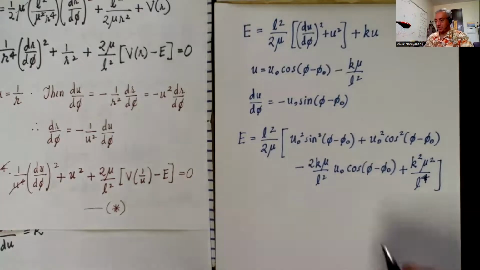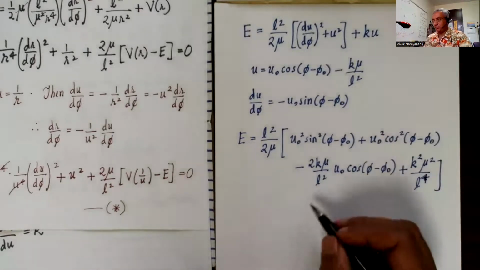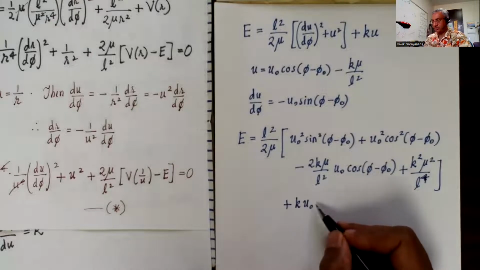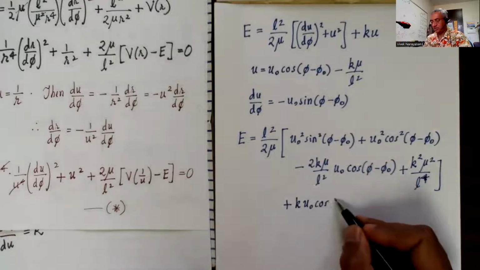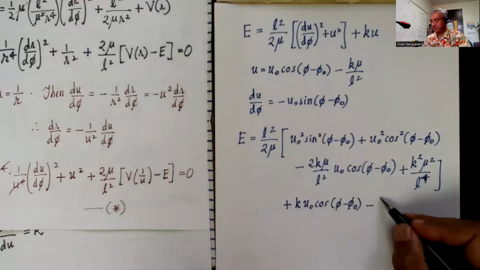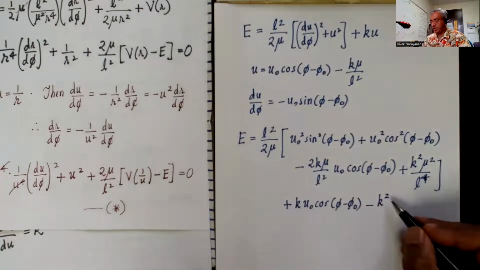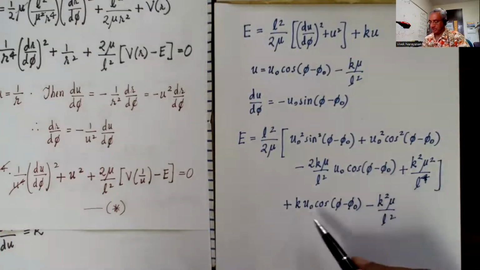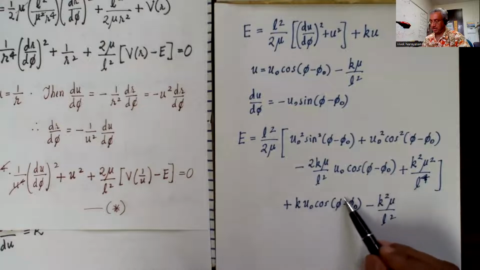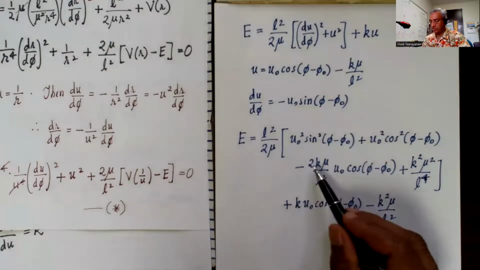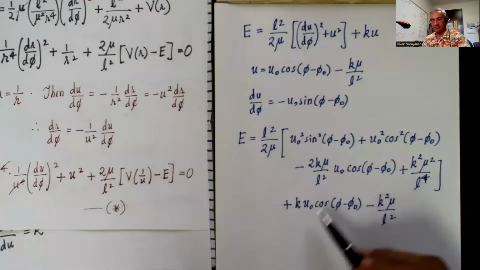Then plus k times u. So I'm going to get plus k times u naught cosine(phi minus phi naught) minus k squared mu over L squared. Observe that this term and this term cancel out, because L squared over 2 mu leaves you with the negative of this.